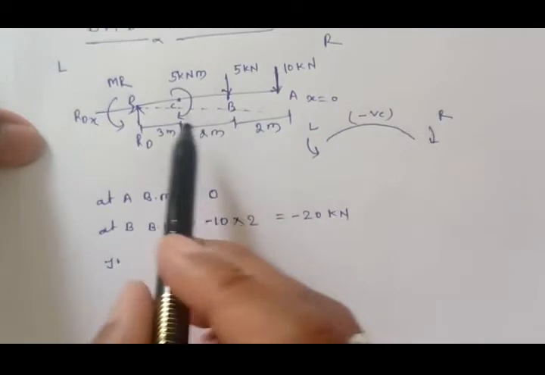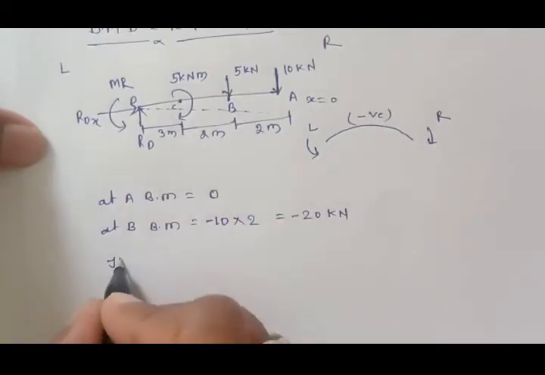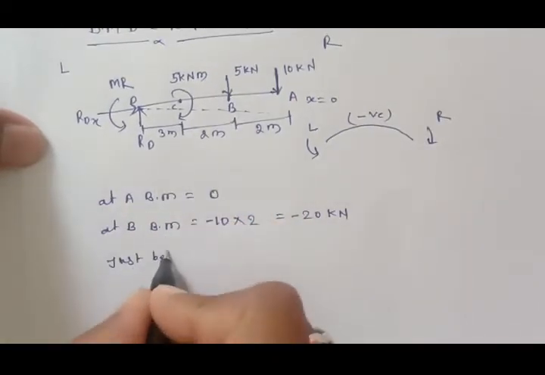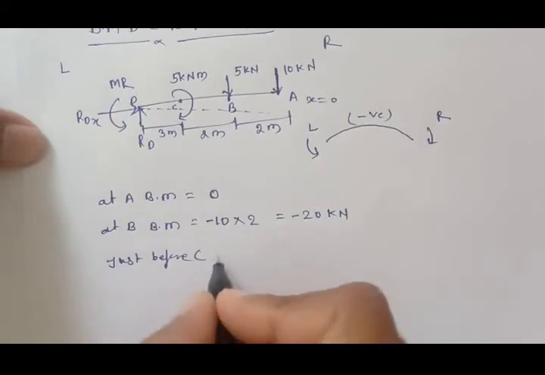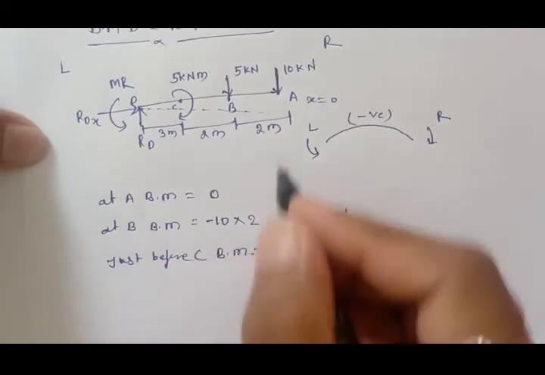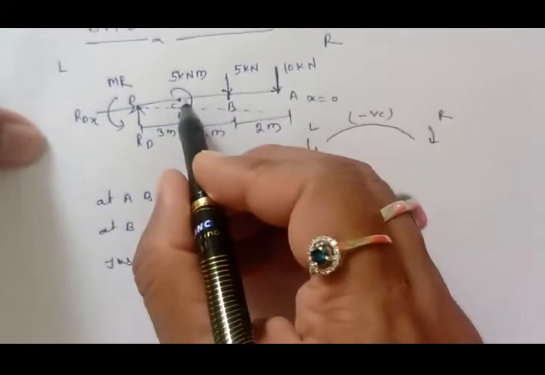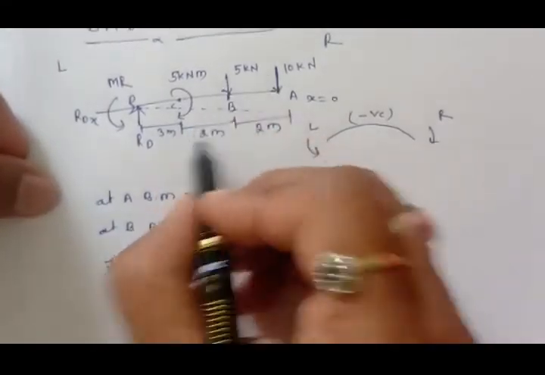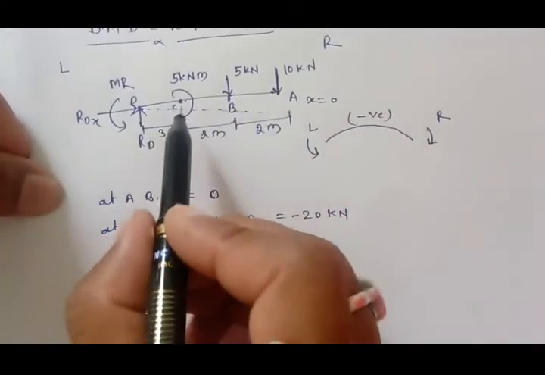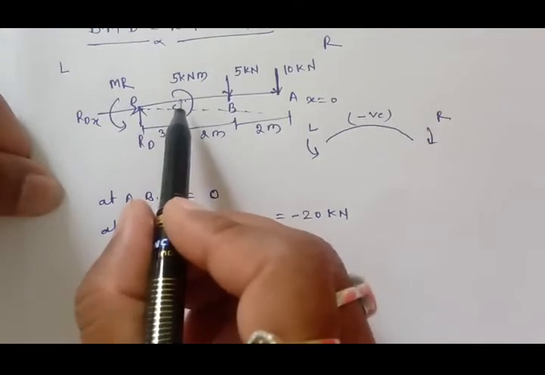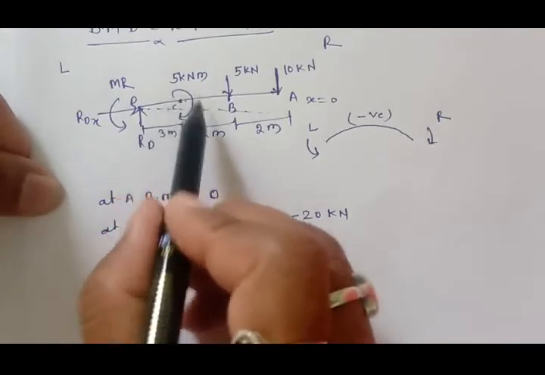This is at B, and then just before C, the bending moment will be, because when we move from here to here, these two forces and distances will be taken up to just before C. Then at C we'll take this couple.